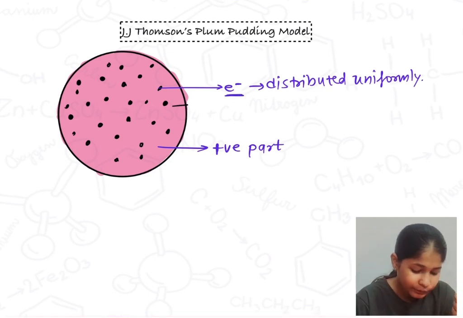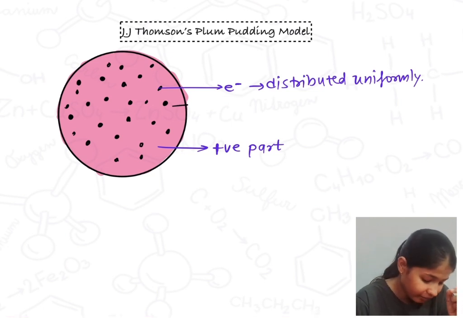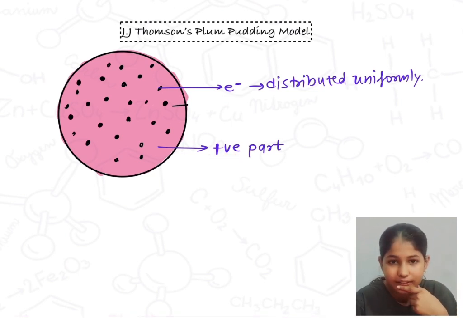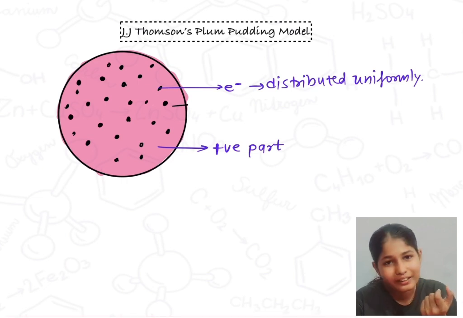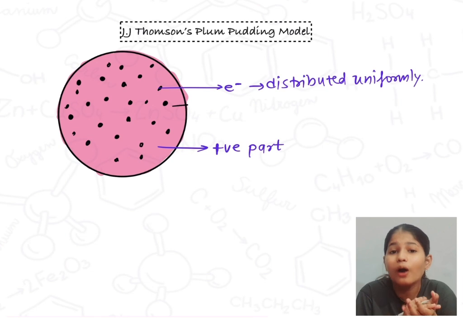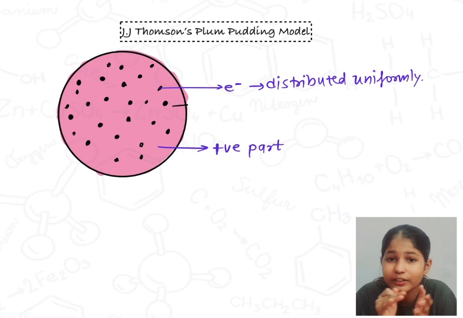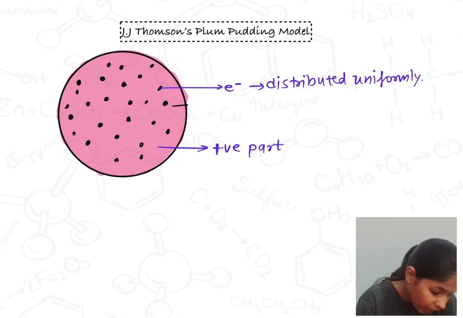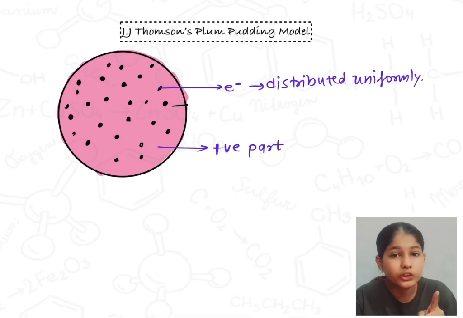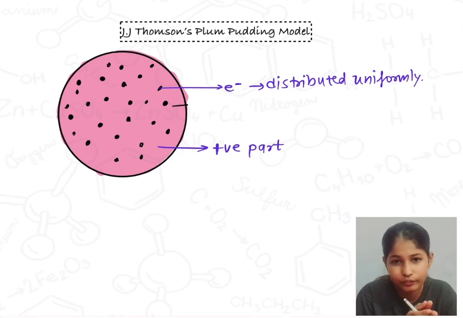Because as you know, electrons are negatively charged and protons are positively charged. So this was the drawback: how can it be so simple, and how can the positively charged particles and negatively charged particles live together with each other?